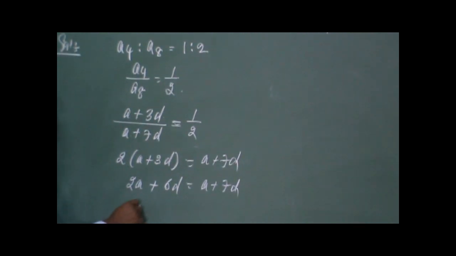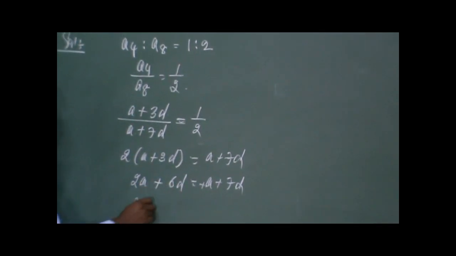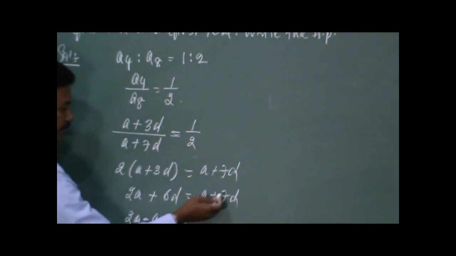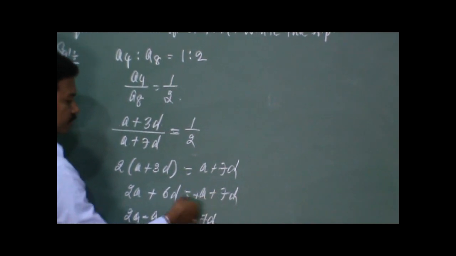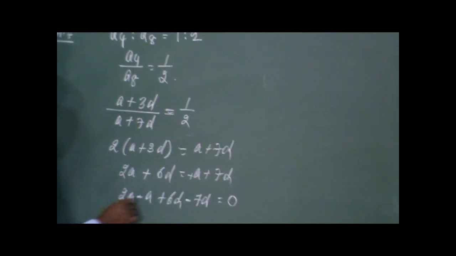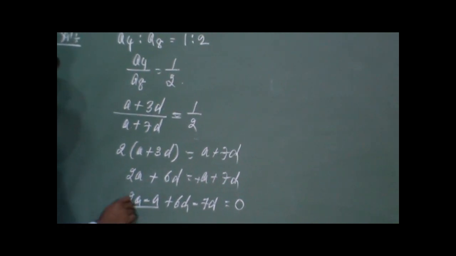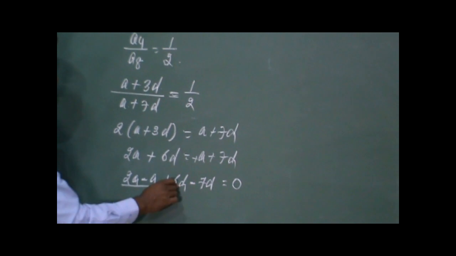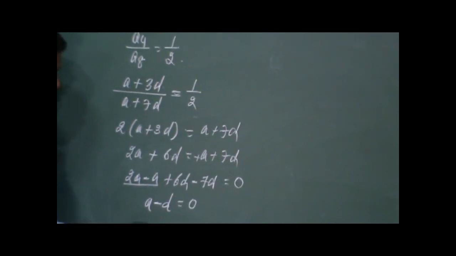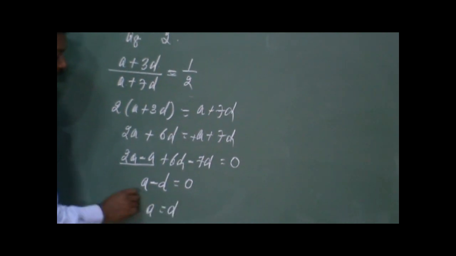So 2A, and A as it gets transposed becomes minus A, plus 6D, and transposing plus 7D to the LHS it becomes minus 7D. No terms are left in the RHS, therefore it equals 0. So 2A minus A, like terms, is A, and 6D minus 7D is minus D, is equal to 0. So at last A is equal to D.